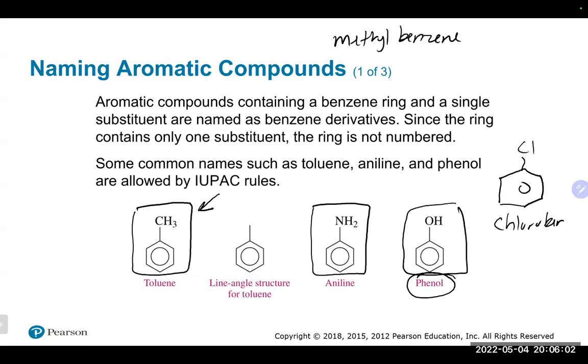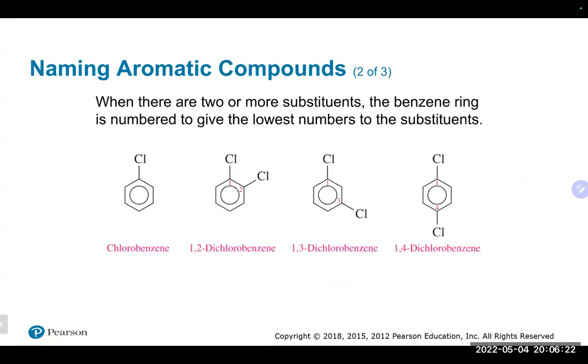And obviously, if you have just one group attached, you don't have to give the location of where the group is at. It's assumed to be carbon number 1. So you could just simply give the group name and put benzene at the end. But again, these historical names are still used a lot today. So if you see those historical names, they refer to those guys.